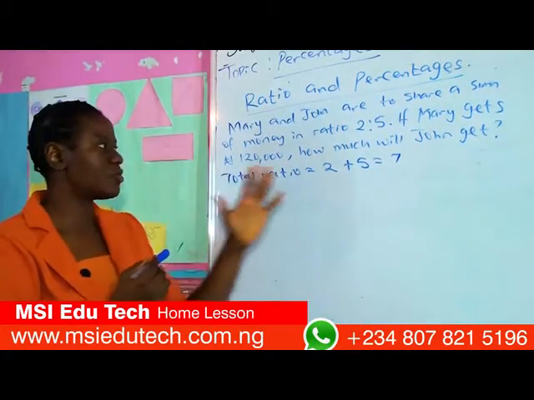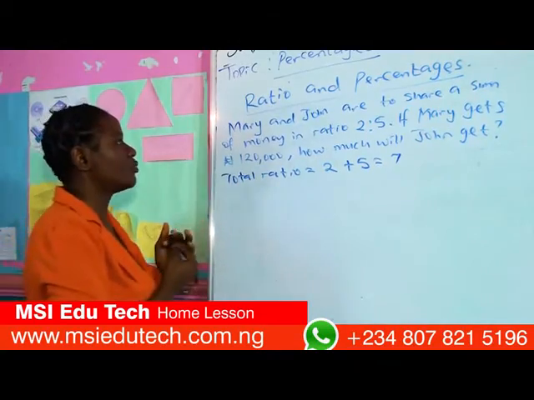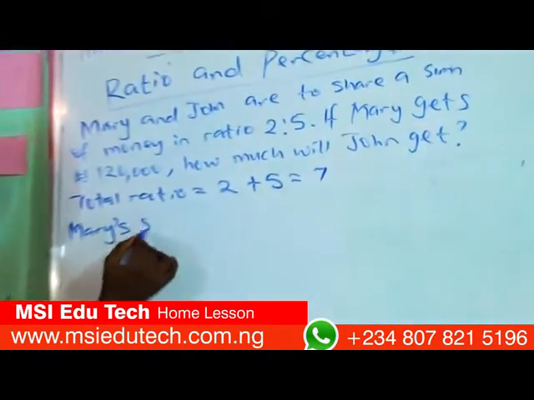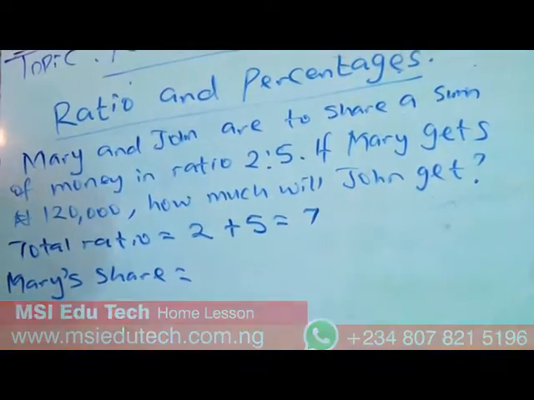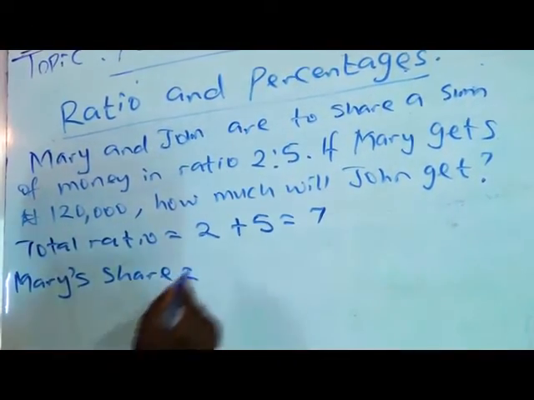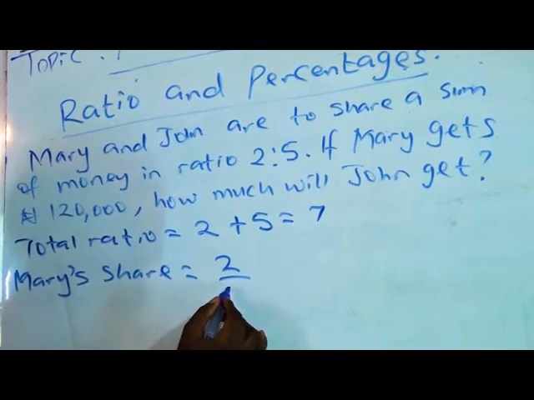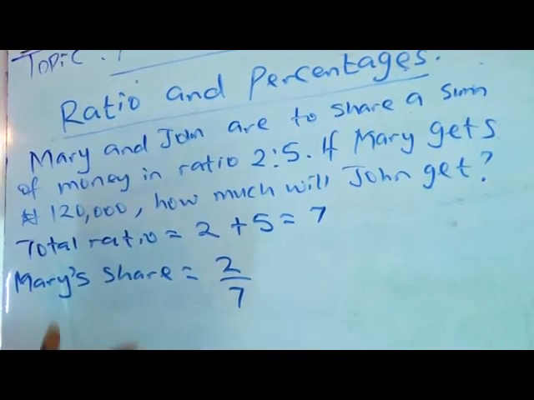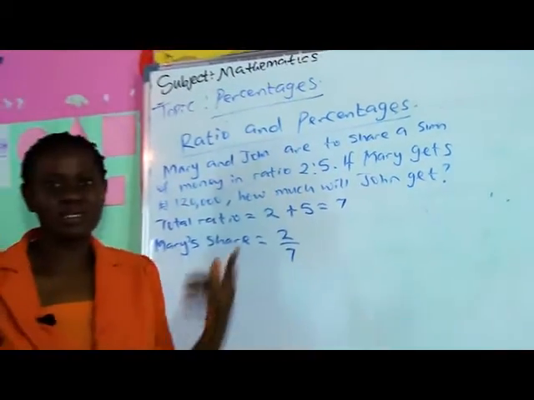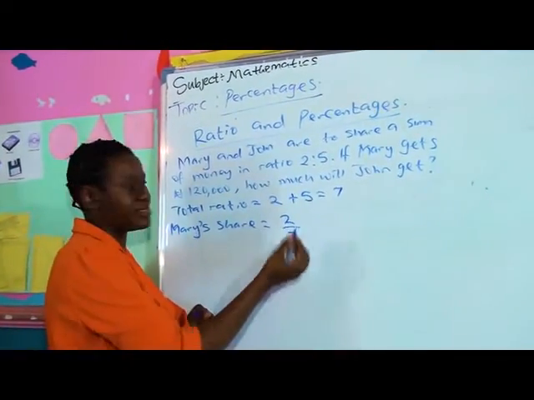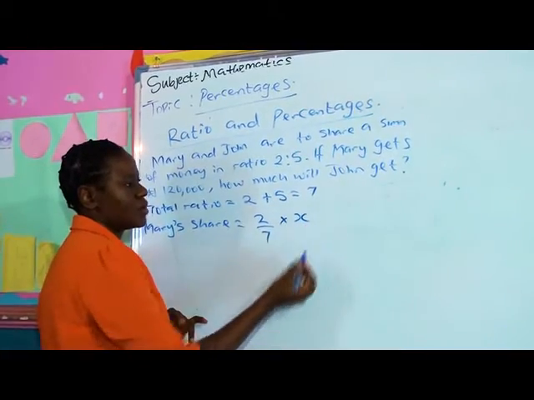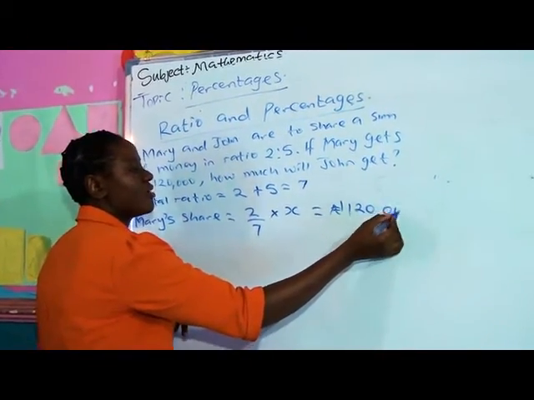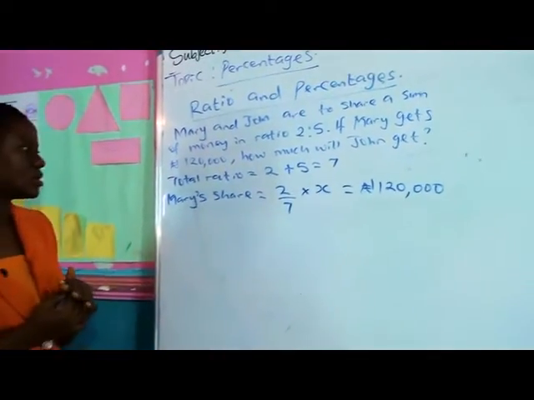So that means Mary's share is 2 over 7 of an amount which we do not know. Let's assume the amount is x. So 2 over 7 times x gave 120,000, which Mary got.